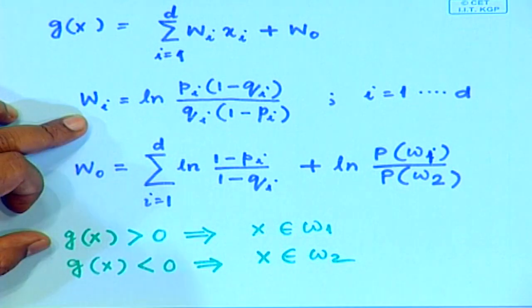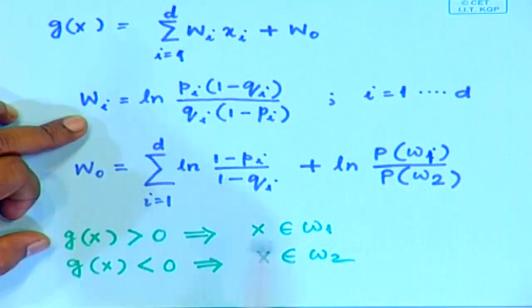So, it gives a vote equal to the corresponding weight in favor of class omega 1. Is it okay?